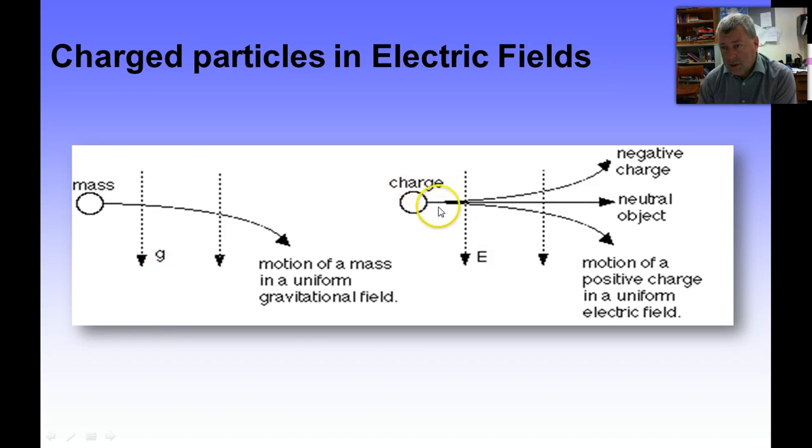If you have a charged particle, and this is our electric field, so if I put a positive particle just there, it would experience a force, remembering that we defined an electric field as the force that an imaginary positive test point would experience, the direction of the field, and so it would experience a force in that direction.